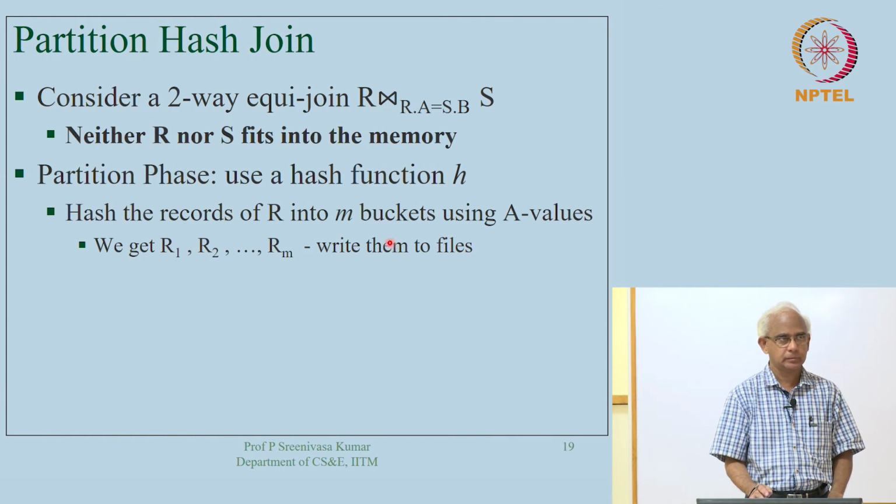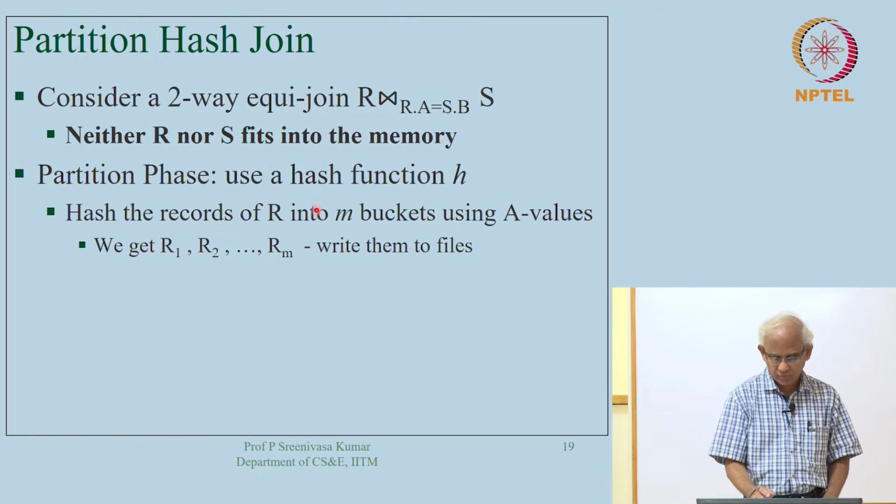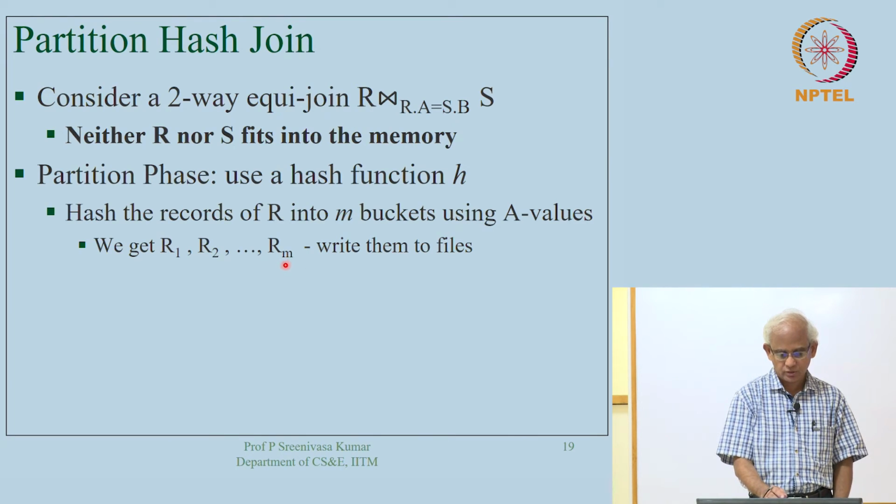Is that clear? So, what we did is to use a hash function on the A values and partition the records of R into M files. Let us assume that the hash function produces M buckets, so we are going to get M subfiles.